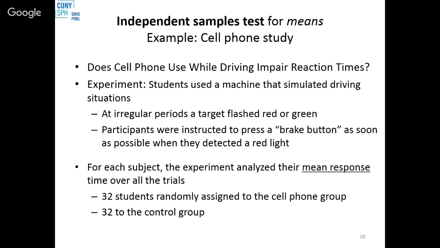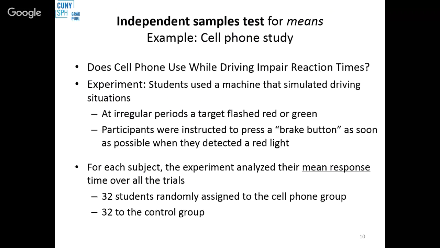Let's go through an example. This cell phone study, for which we have some hypothetical data, was designed to answer the question: does cell phone use while driving impair reaction times? And this is an experimental study where students are given a driving simulator machine.